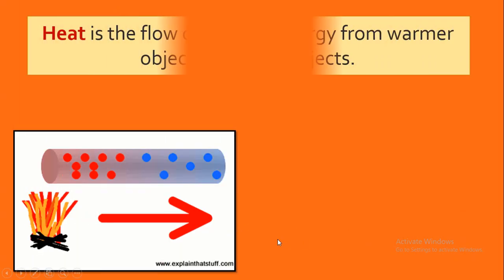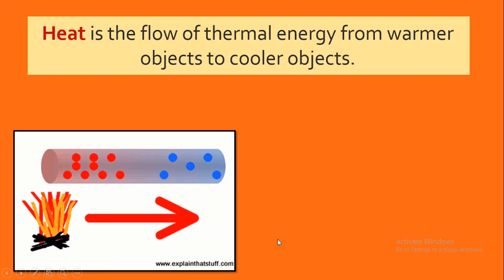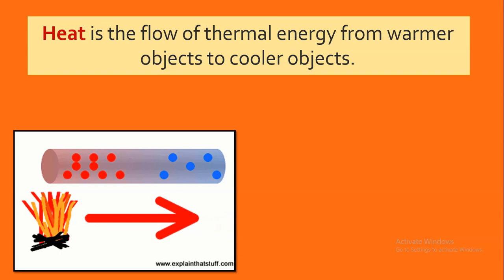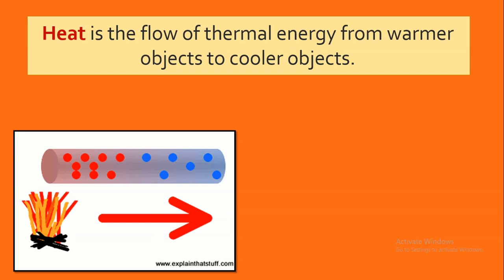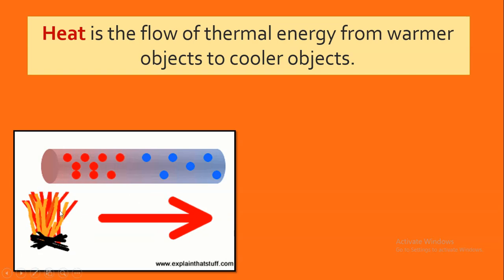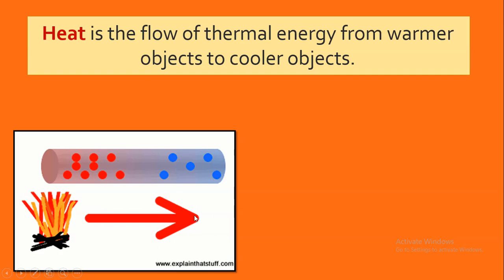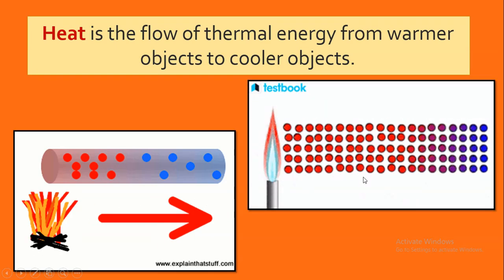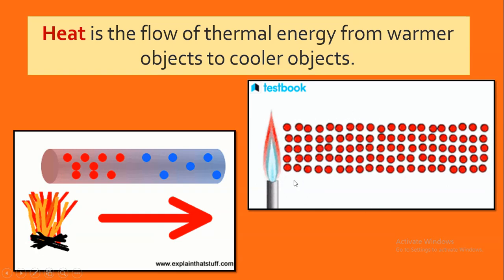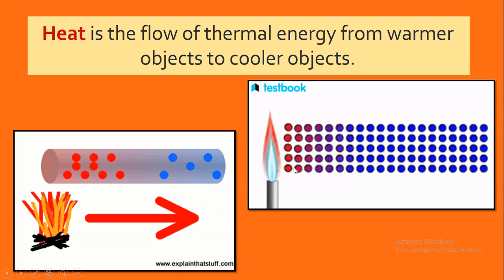Okay, now what is heat? Heat is the flow of thermal energy from warmer objects to cooler objects. Look at this picture. Look at this one here. These are particles of matter, of air around this flame.